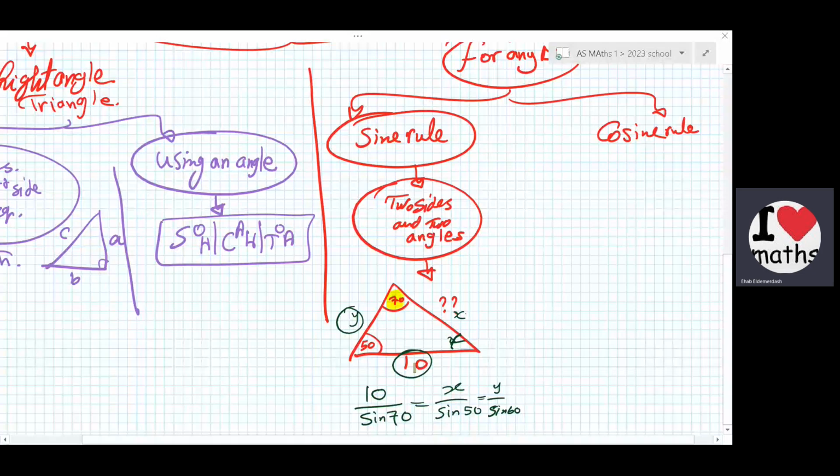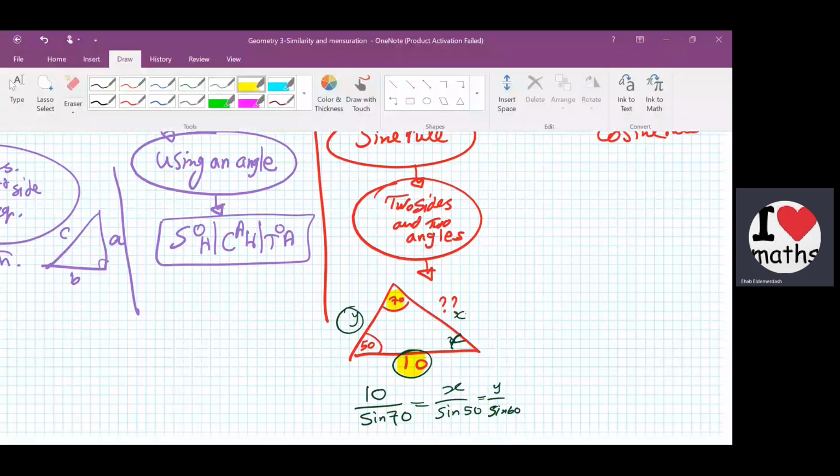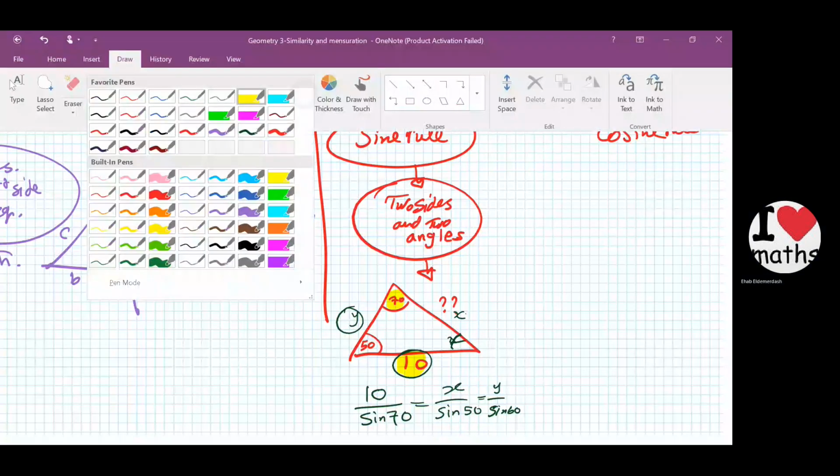Okay, let's go back to the other case. If it's not two sides and an angle that correspond, I have to use the cosine rule. Most likely it will be two sides and the included angle.